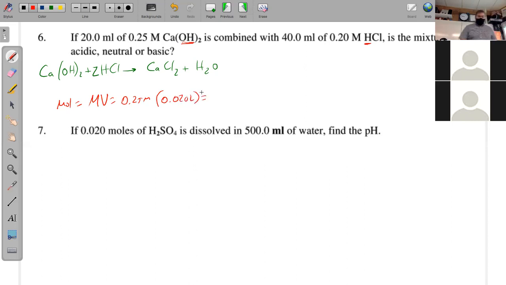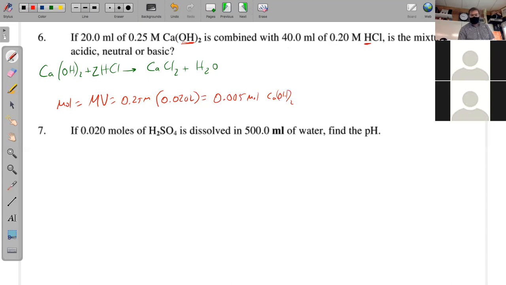That'll get me how many moles of calcium hydroxide are present in the solution. 0.25 times 0.02 is 0.005 mole. So I got 0.005 moles of calcium hydroxide.